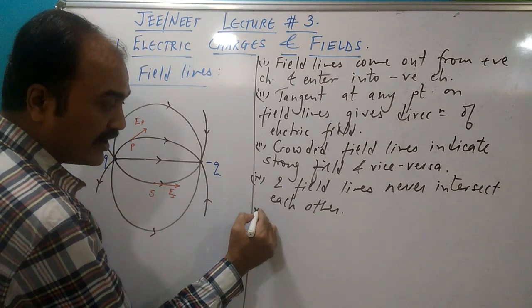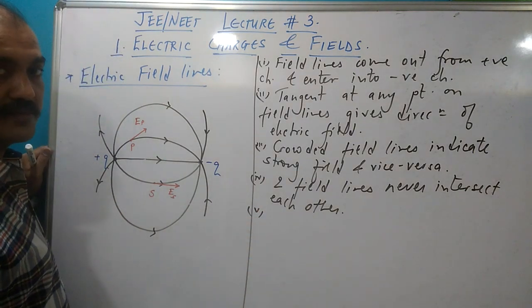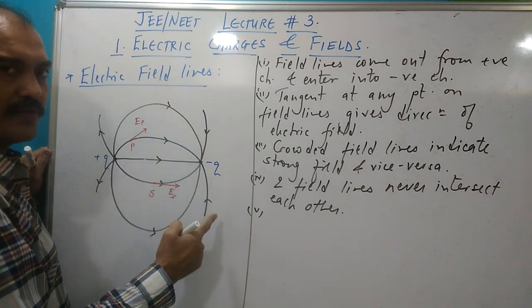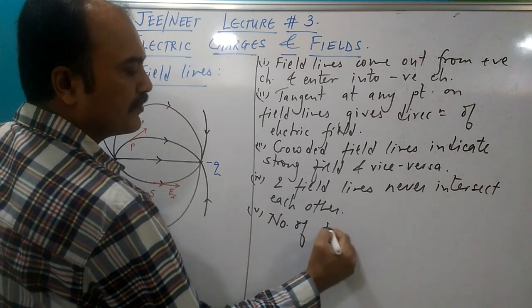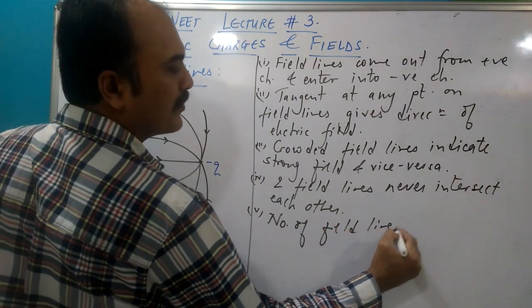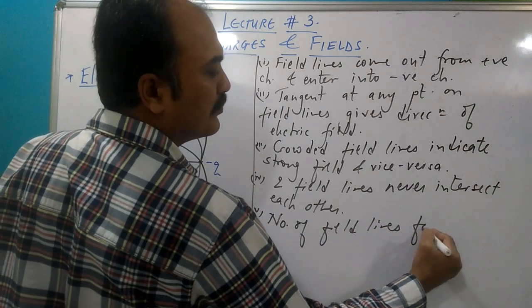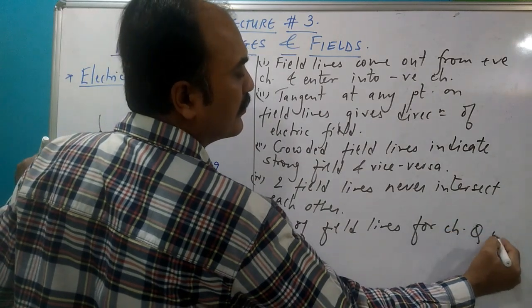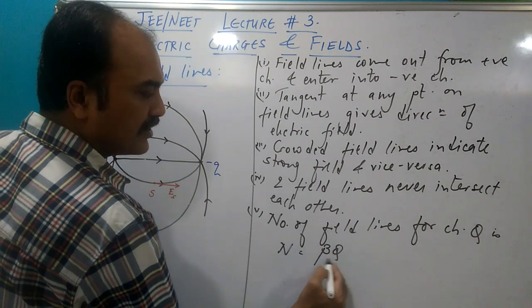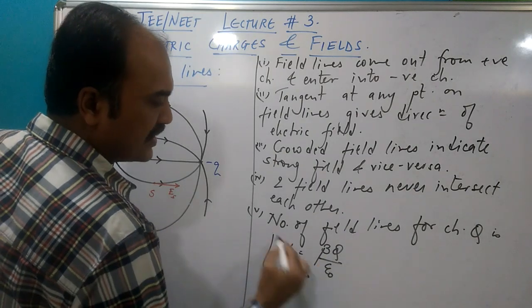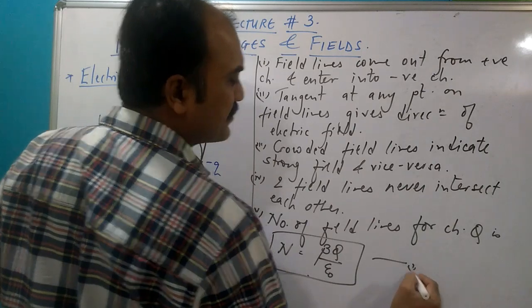And lastly, now this point is not there in the NCERT textbook, but it's very important from the JEE point of view. Number of field lines for a charge Q, N is beta Q by epsilon 0. Remember this?